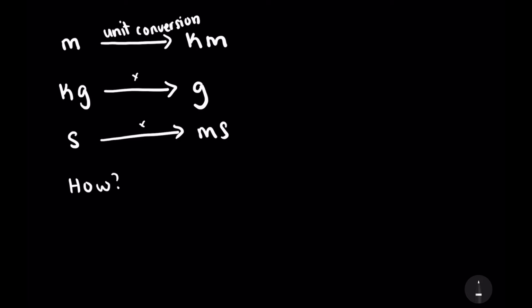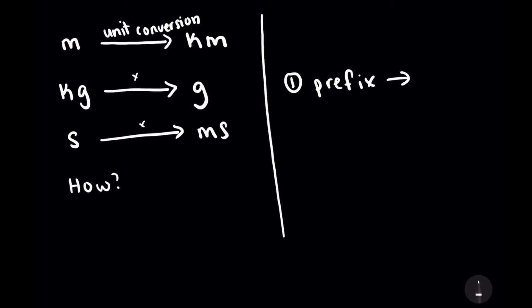So I like to think of unit conversion in one of two ways. The first way being that we go from something that has a prefix to something that has no prefix, which I call a non-prefix representation.